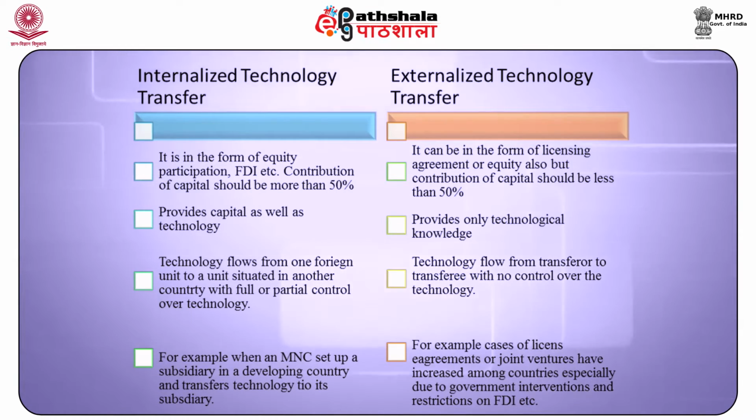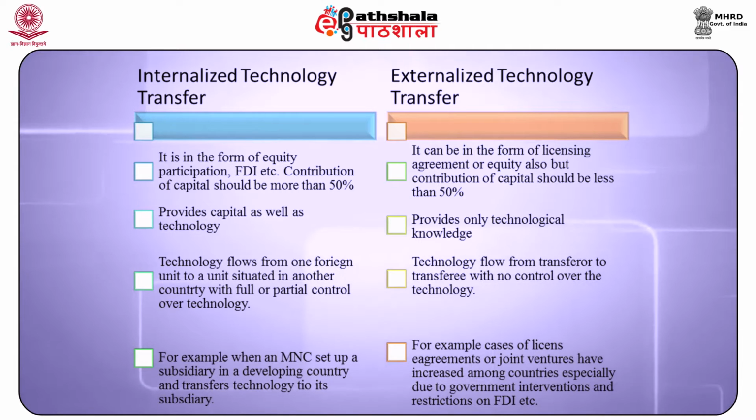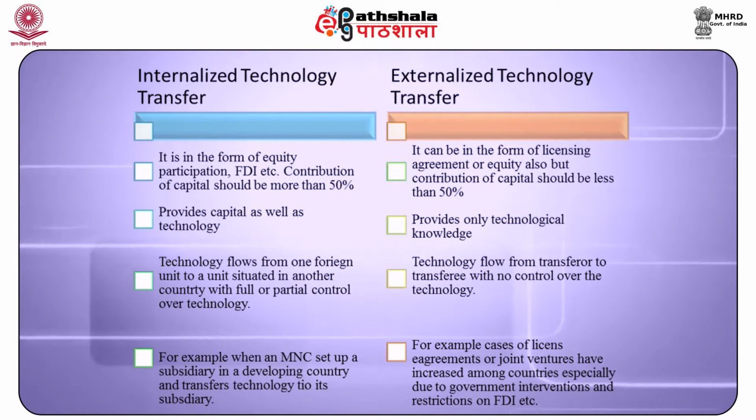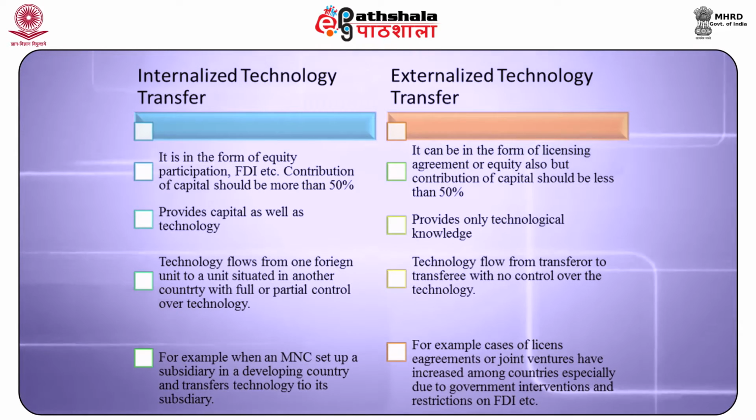It provides capital as well as technology. Technology flows from one foreign unit to a unit situated in another country with full or partial control over technology. For example, when an MNC sets up a subsidiary in a developing country and transfers technology to its subsidiaries.